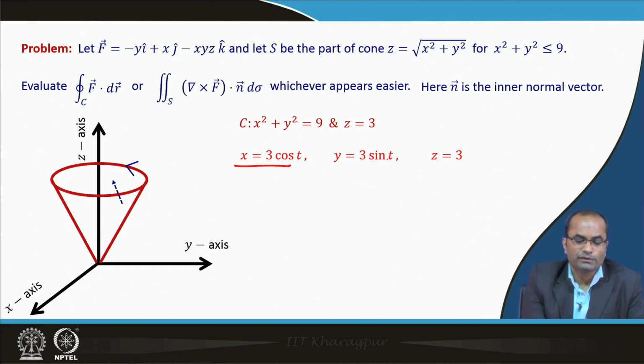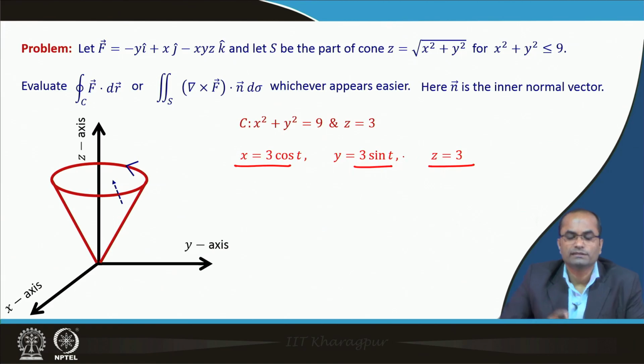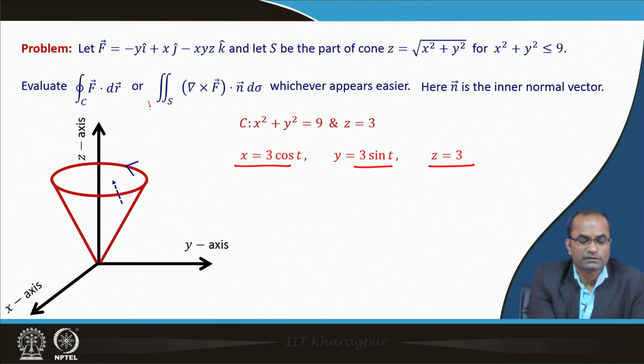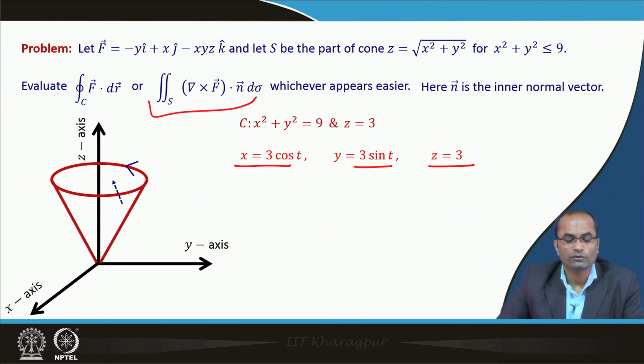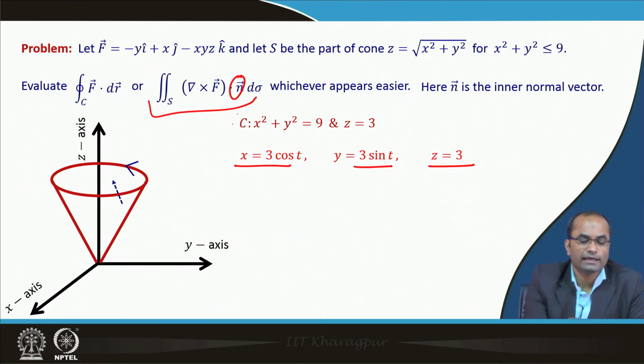So, that can be parameterized: x is equal to 3 cos t, y is equal to 3 sin t and z is 3. Why are we parameterizing now? Because definitely this surface integral will be more involved, because we have to compute n, then that factor which converts the d sigma element to the area element, and so on, the projection we have to think.